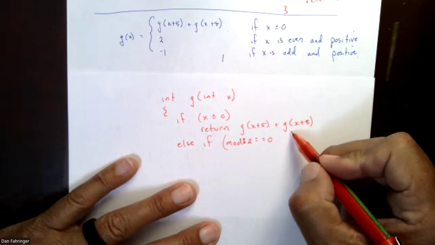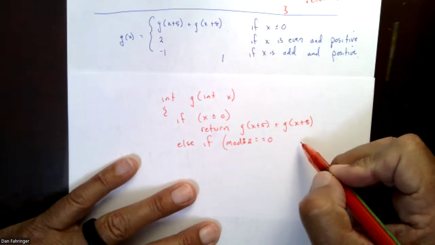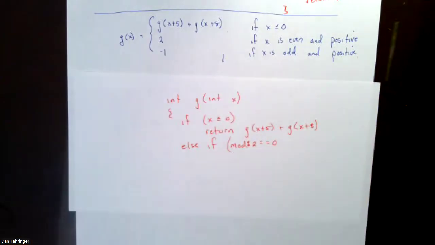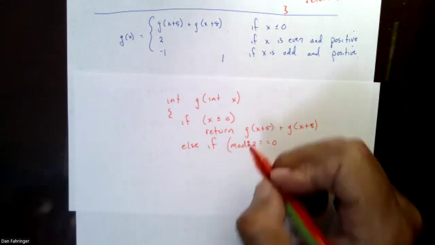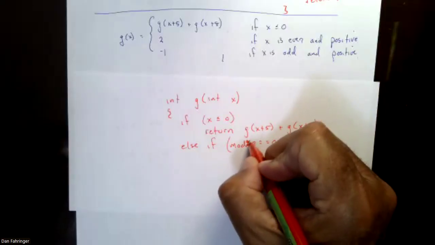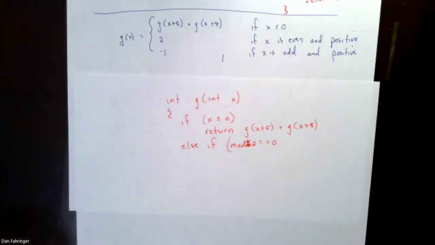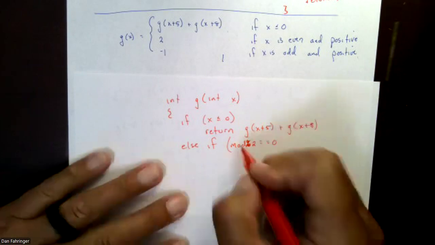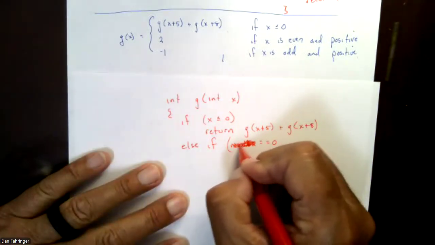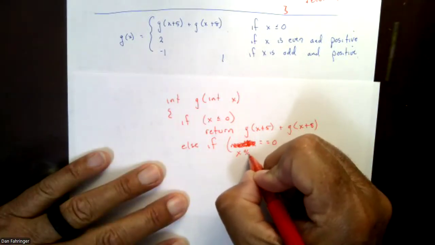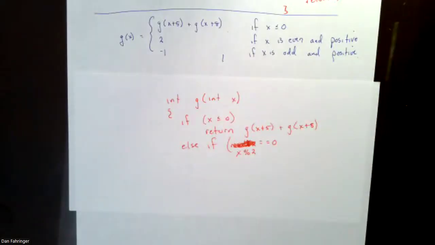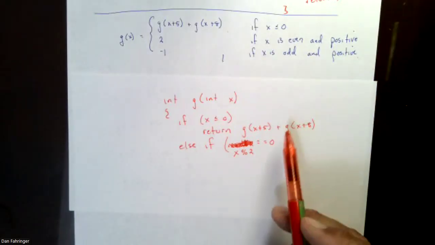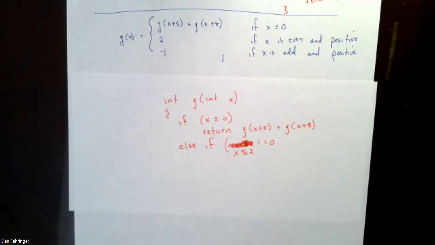Do I need to do an and? I didn't do very good with my modulus. Wow, I even wrote the word mod. Goodness gracious. X mod 2. Pseudocode. See how I did that? Do I need to check to see if it's positive?